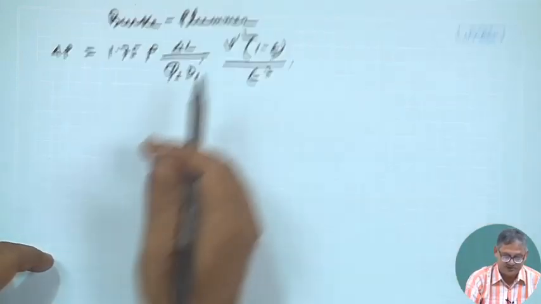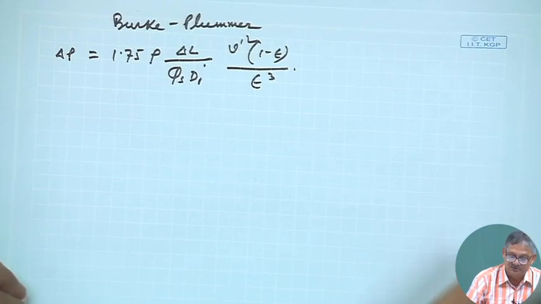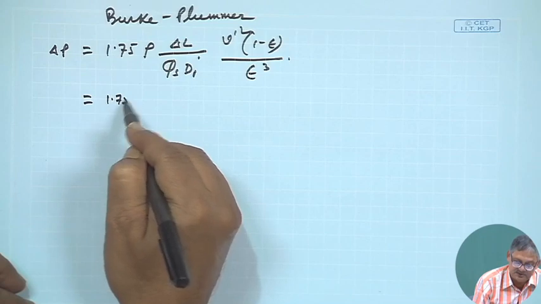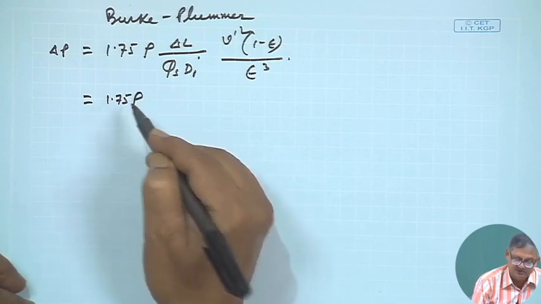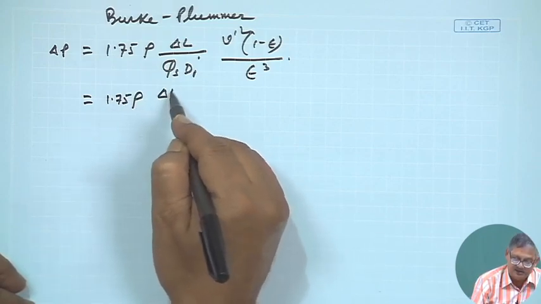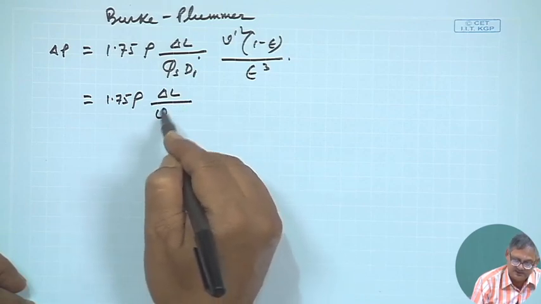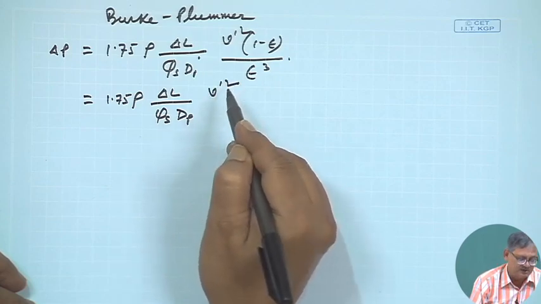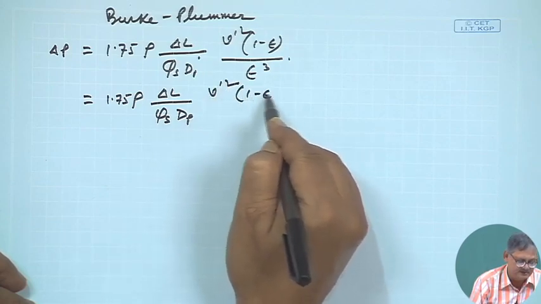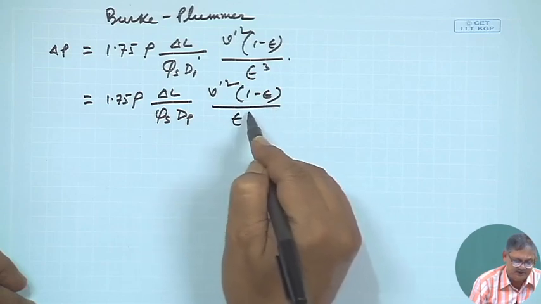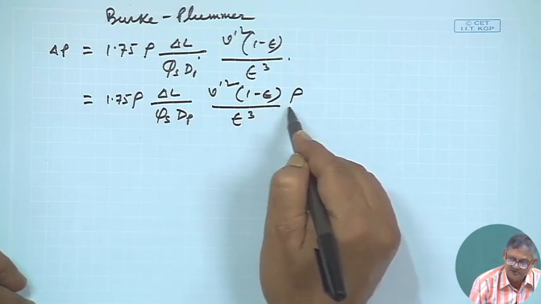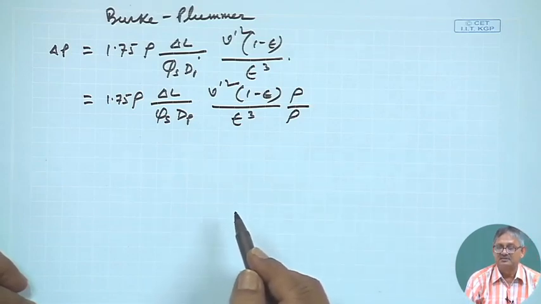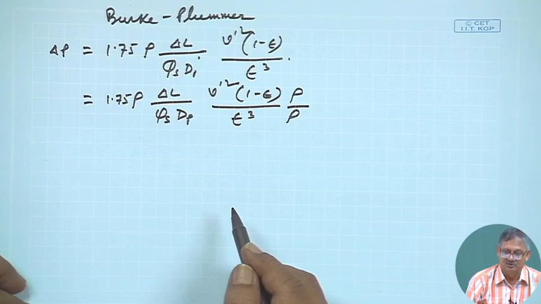We can rewrite it as 1.75 rho delta L by phi s dp into V prime square into 1 minus epsilon by epsilon cube, and multiply and divide with rho.